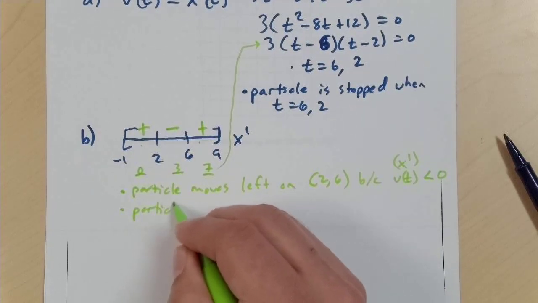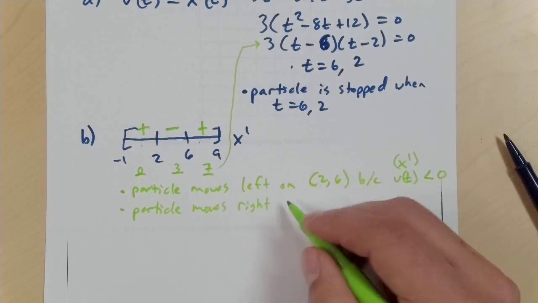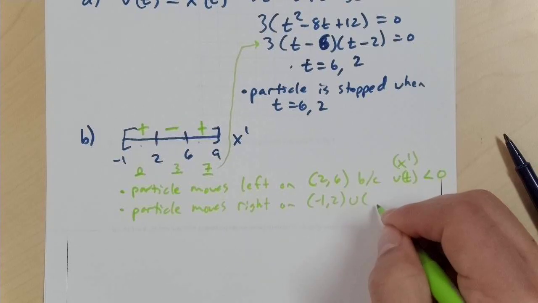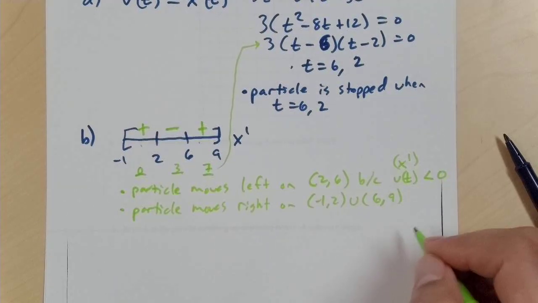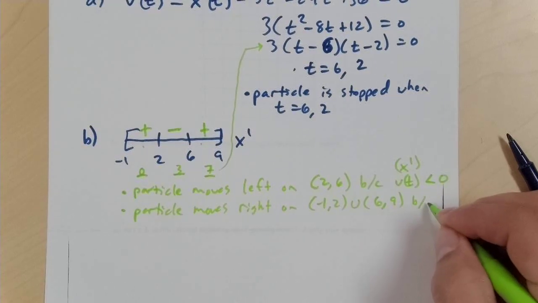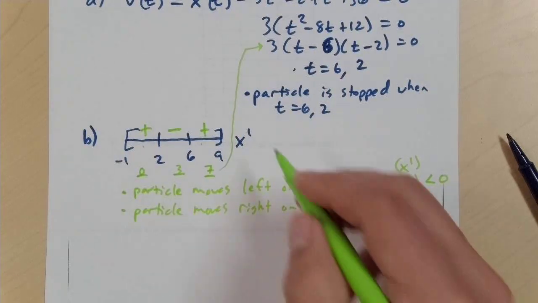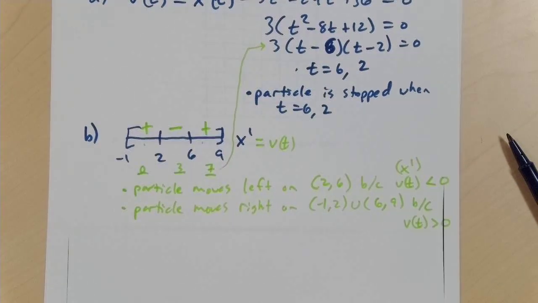So the particle moves right on the interval from -1 to 2, union the interval from 6 to 9. Again, that's because the velocity there is positive. Remember, x prime is velocity.